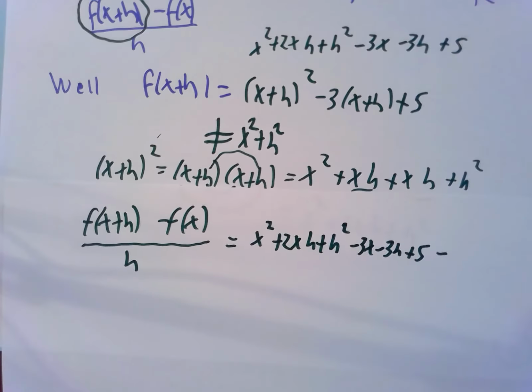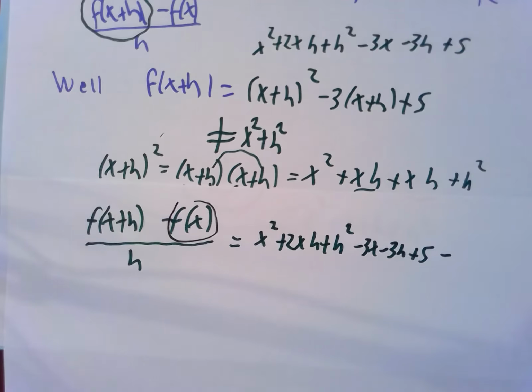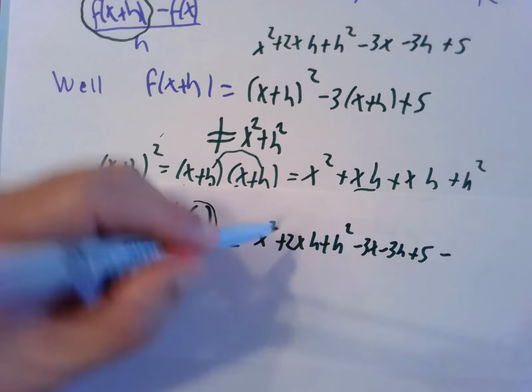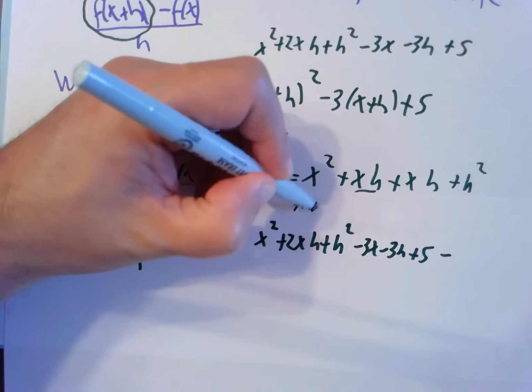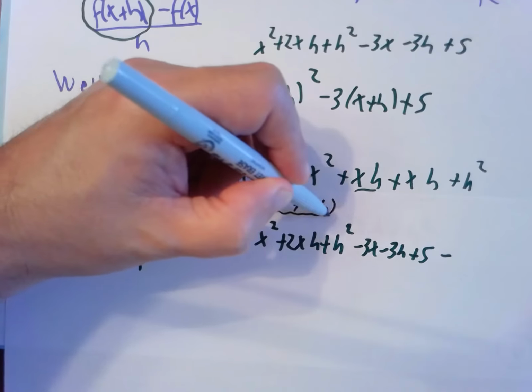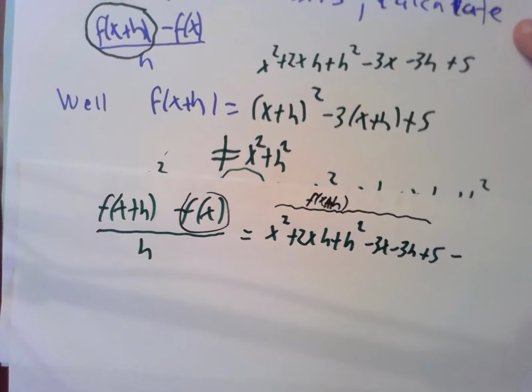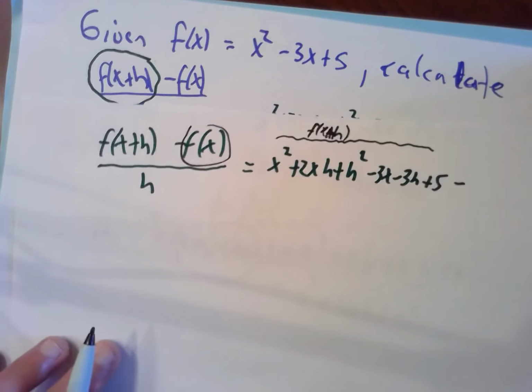Minus. Now we want this part, f of x. So f of x plus h, all of this. That says f of x plus h is all of this stuff. From that, I want to subtract the original, f of x, which is right here.